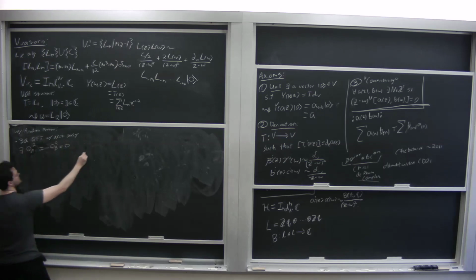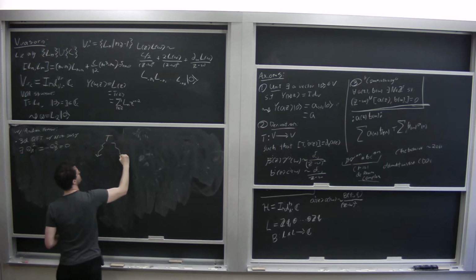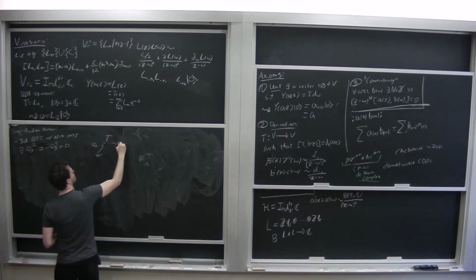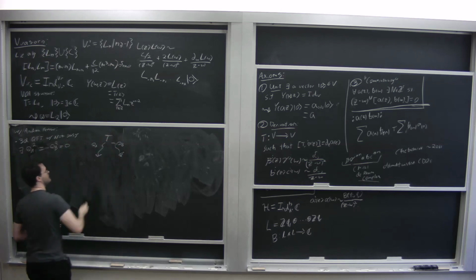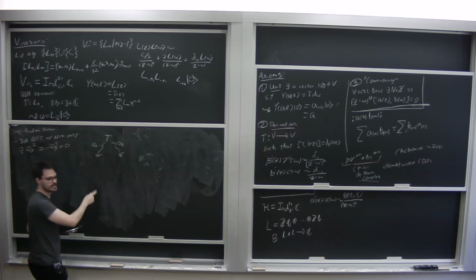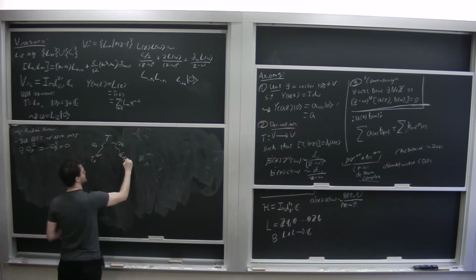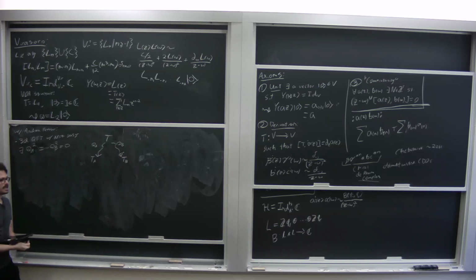So I start off with some theory T, and I can pass to the cohomology of either Q_A or Q_B. It turns out that the translation operators are exact in this cohomology in each case. And so what we get are two topological field theories, T_A and T_B.